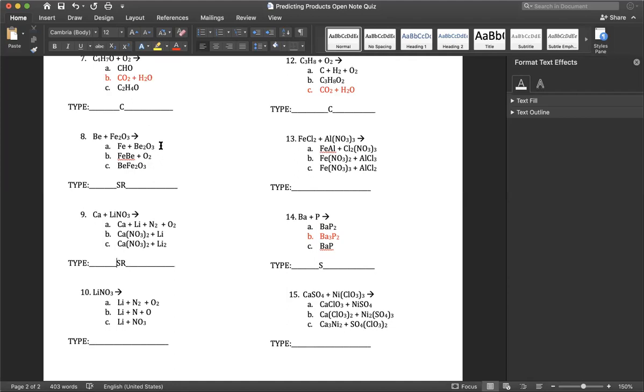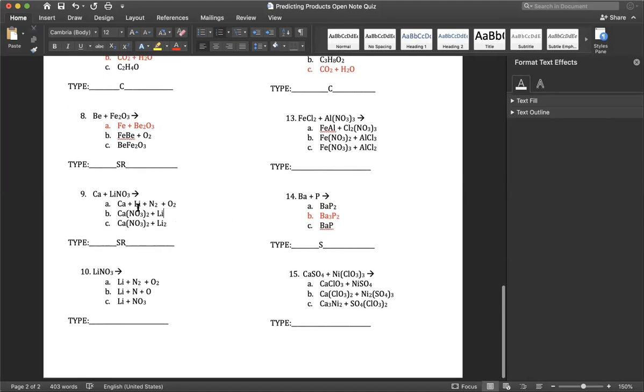A. So boom, right there. I didn't even have to worry about crisscrossing in the multiple choice. Now number 9, what thing is going to be by itself? Li. So I can immediately throw out A because that would be an answer to a decomposition problem. Now, what's the difference between B and C?